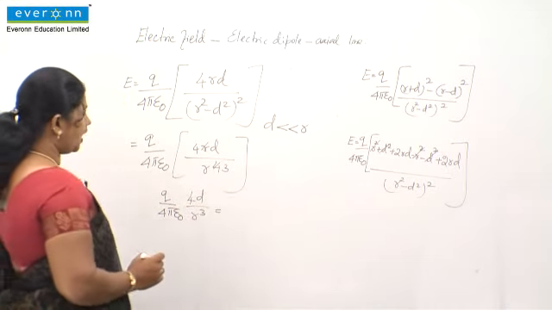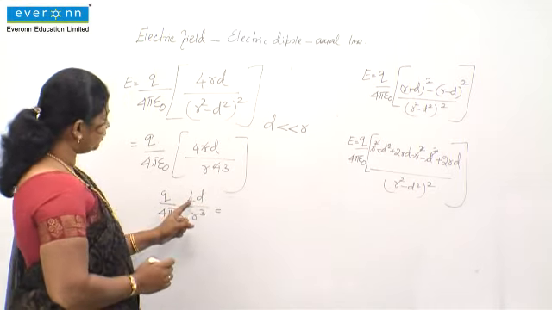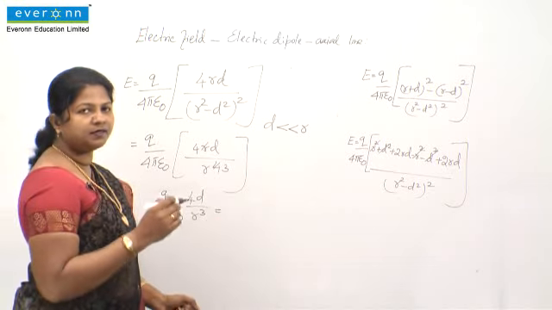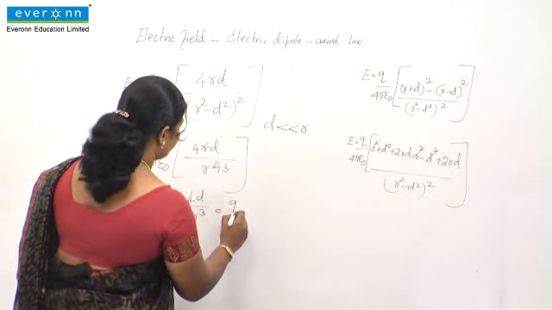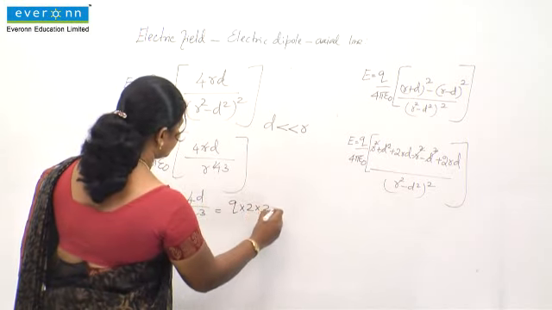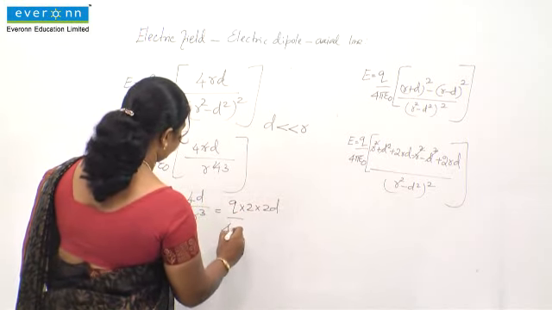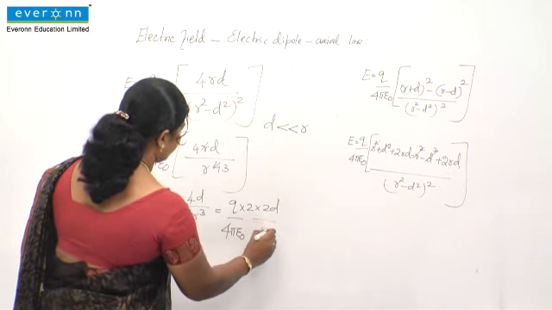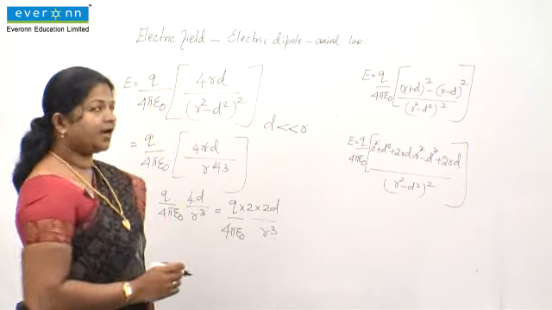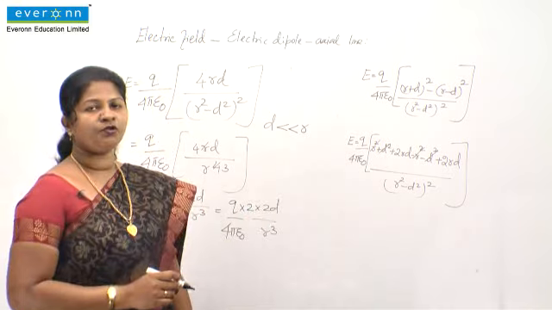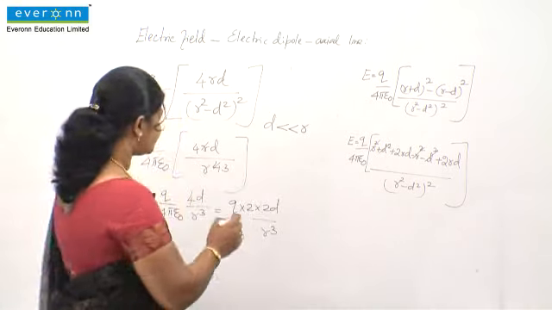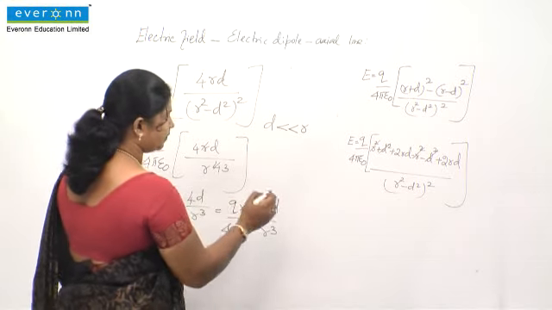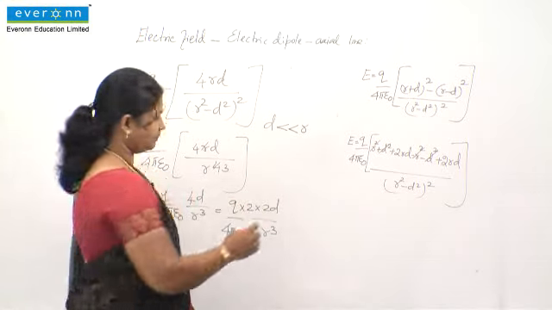So I would like to write 4D as 2 into 2D. So it becomes Q into 2 into 2D, and here we have 4 pi epsilon naught, and here we have R cube. We know dipole moment is nothing but the magnitude of one of the charges into the distance between the two charges, which means Q into 2D will become the dipole moment.